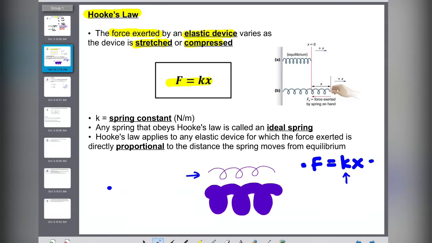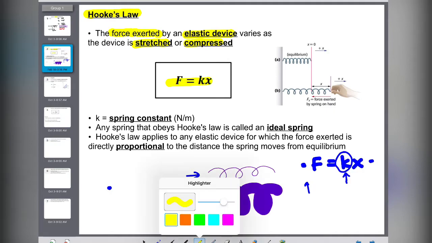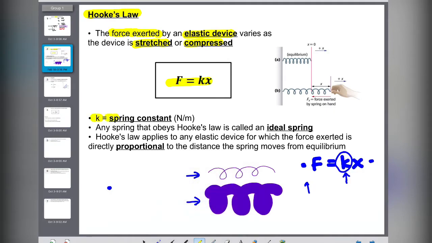But if I have a really stiff spring, I will need a much bigger force to be able to stretch it the same amount. So basically the k, the spring constant, is telling you how stiff or how flimsy the object is.